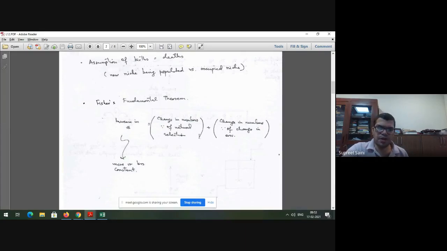And Fisher then goes on to develop quantitative expressions for each one of these. And Fisher's fundamental theorem is often in textbooks only represented as this particular term, which is the action of natural selection. And Fisher shows that this rate of increase of fitness because of action of natural selection is proportional to the variance that exists in a population.